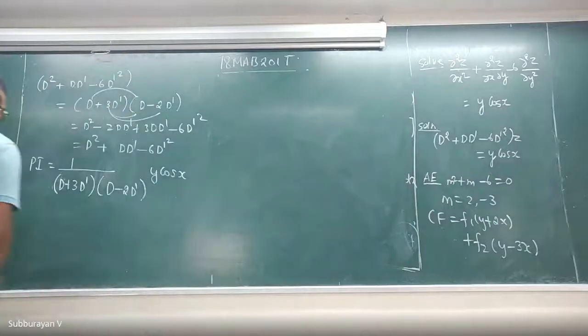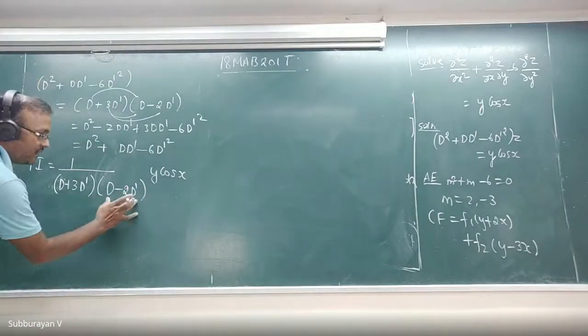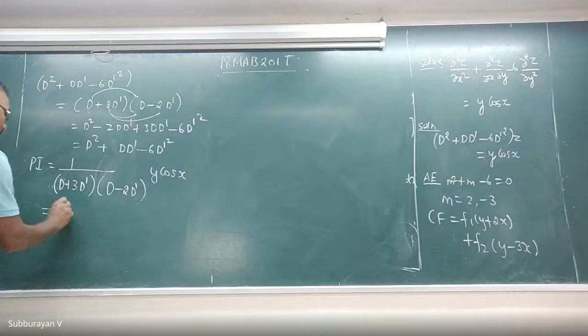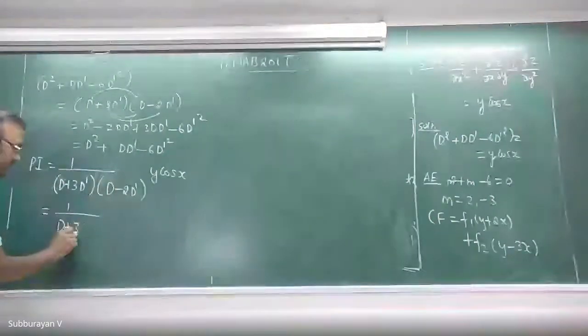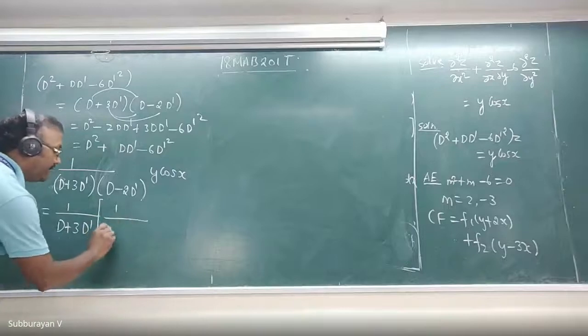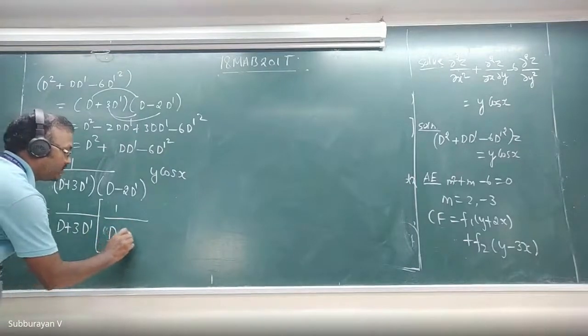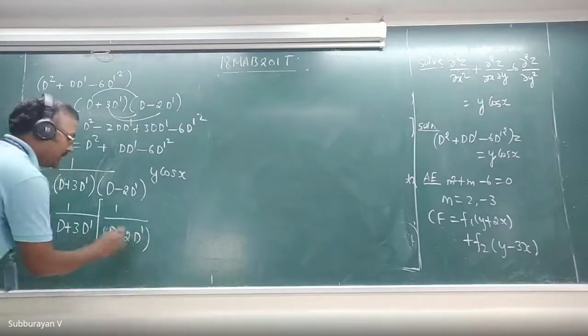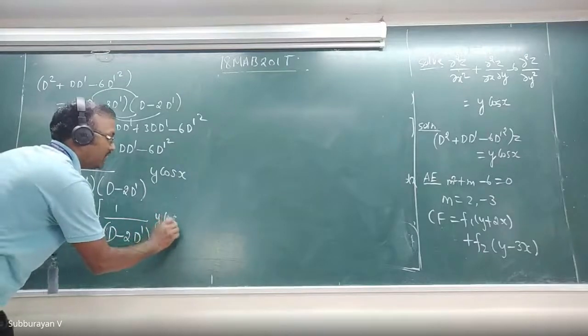First I am going to eliminate this operator. So this is 1 by D plus 3D dash, and then 1 divided by D minus 2D dash into y cos x.